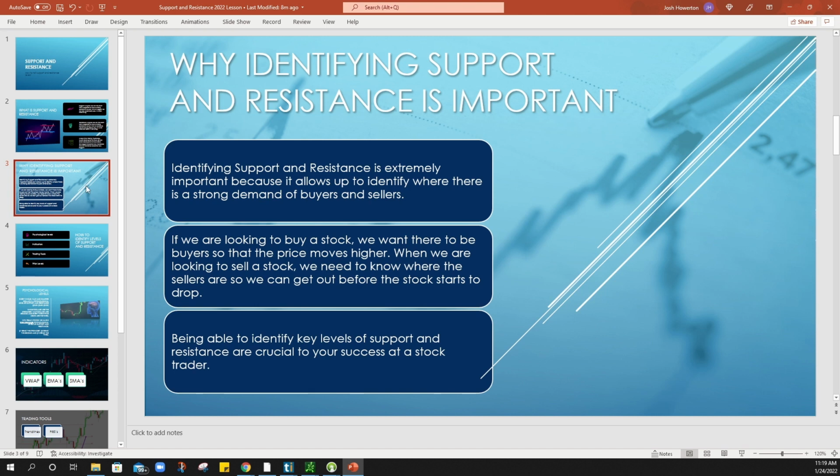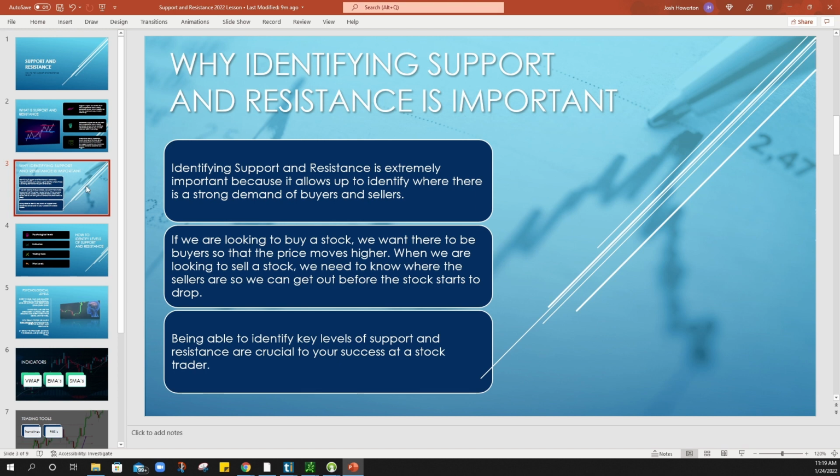You may not get out at the best price and the stock starts to drop, giving up profits. But if you're able to identify key levels of support and resistance, you will be able to nail those entries closer to the penny. You will be able to sell your position close to the top because you know where there's a strong demand of buyers to be a buyer at as well, and where there's a strong demand of sellers to get out of that position to lock in your profits before it starts to drop.